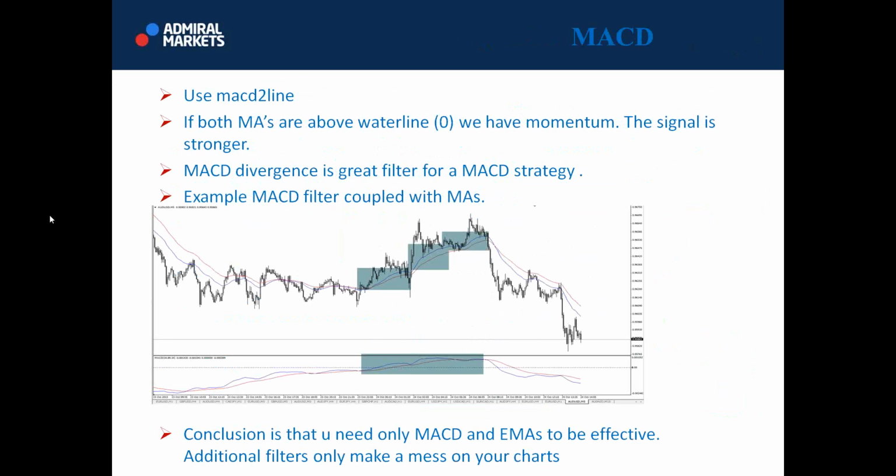The signal above the waterline is stronger. MACD is a momentum indicator, a trend filter, and if the higher time frame shows that the two MACD lines are above the waterline, then we know the overall picture of that currency and the trend. So MACD is a great trend capture indicator.